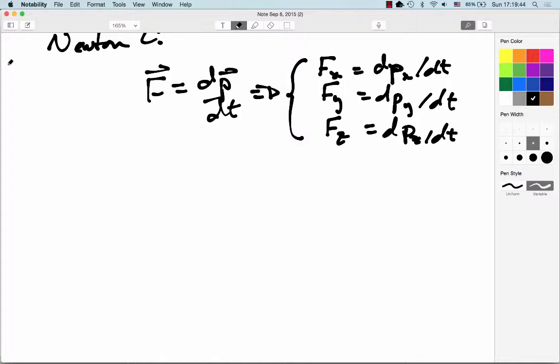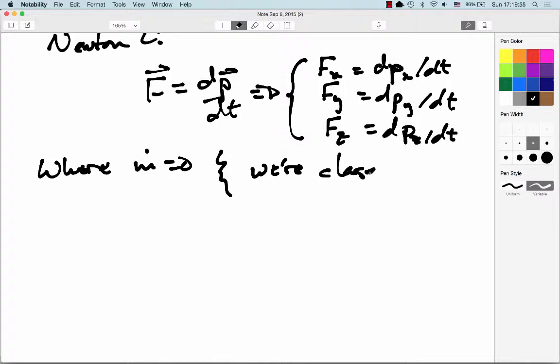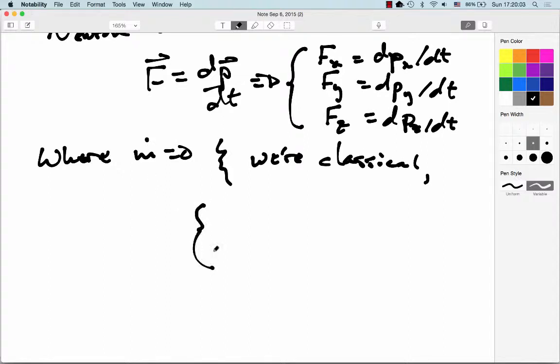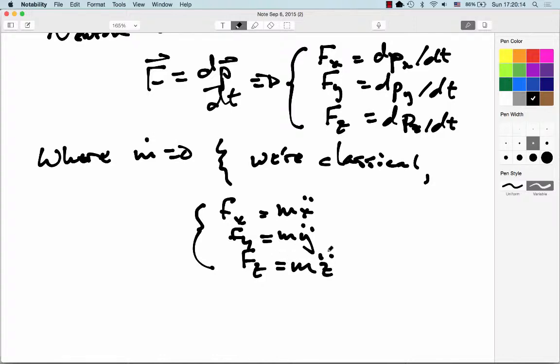So in that case, where m dot equals 0 and we're classical, that trio of relations becomes Fx equals m x double dot, Fy equals m y double dot, and Fz equals m z double dot.